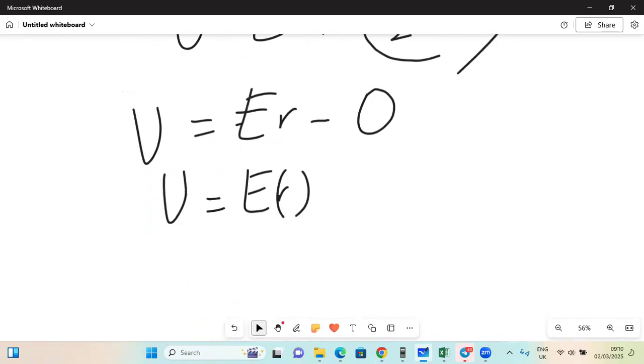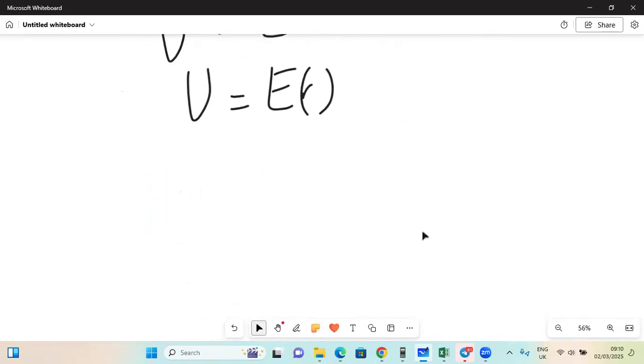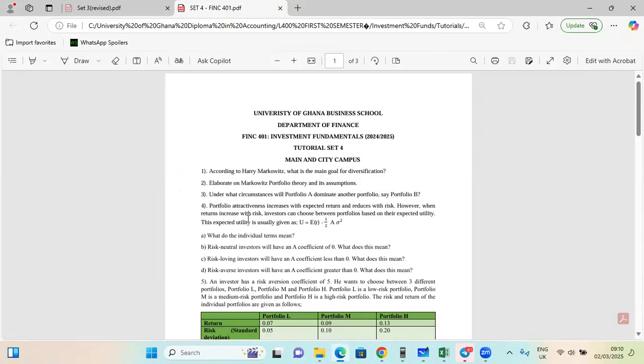And then you will see that their satisfaction is going to increase. That's why the risk-loving investor has a coefficient of less than 0. Okay, so that's the risk-loving person, right?